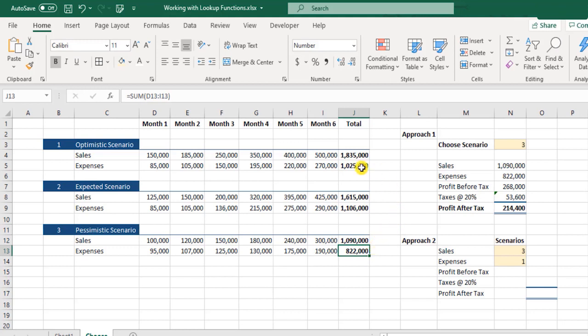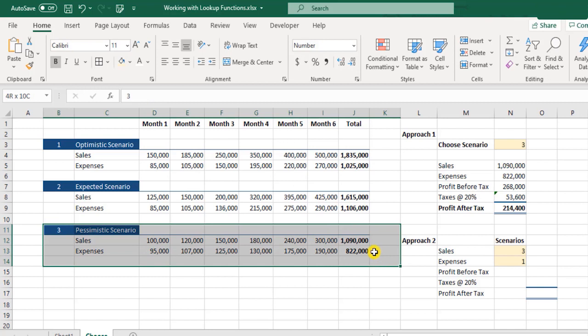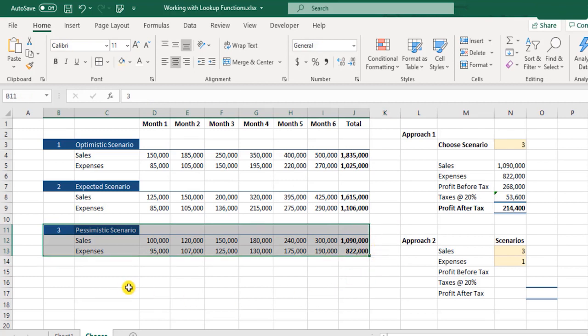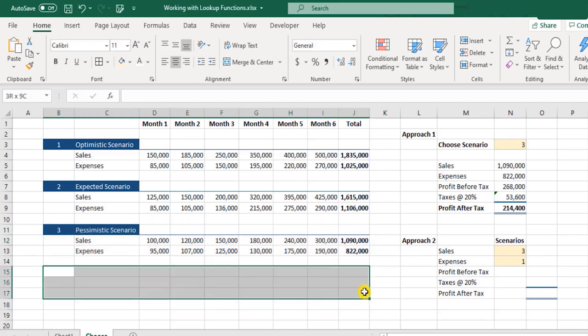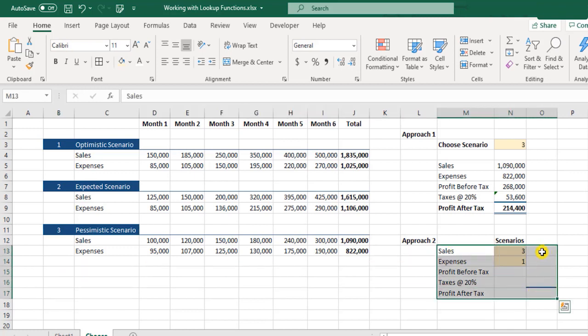I feel this would be the approximate range of expenses that you might come across. Now, this is an unexpected scenario. If this is the pessimistic scenario, the one that we are talking about now is a fourth scenario, and that could go even worse. But do I need to create a fourth scenario? Well, not really. Here, we have made it quite flexible.